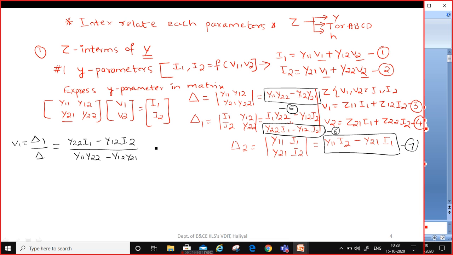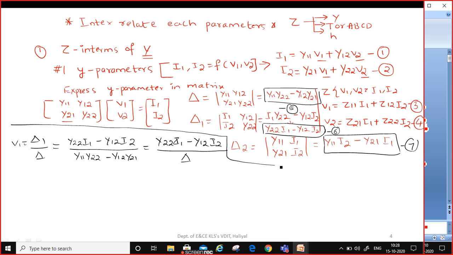You can interchange also. So here this is delta, we know already. So you can write it as y22 I1 minus y12 I2 divided by delta. Any problem till here? No, sir.